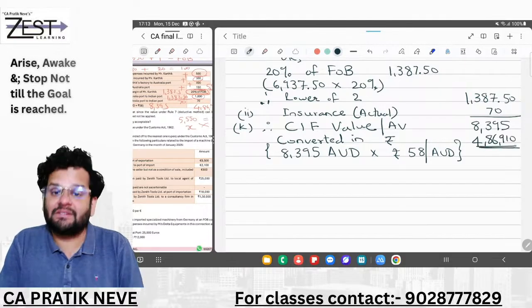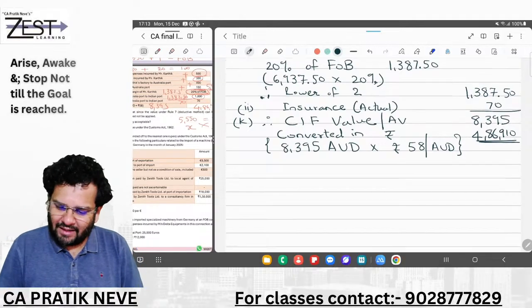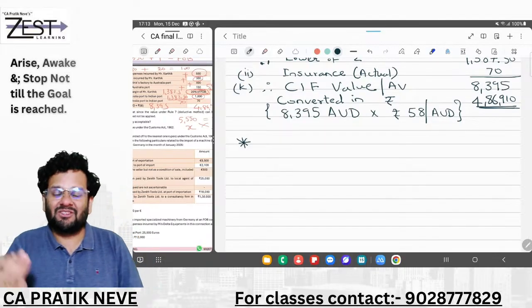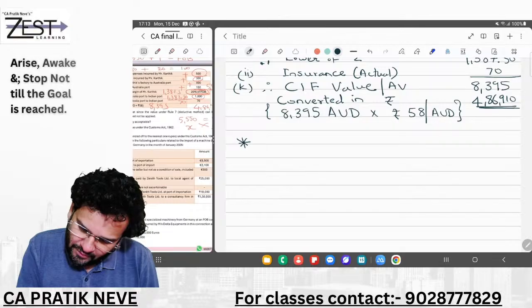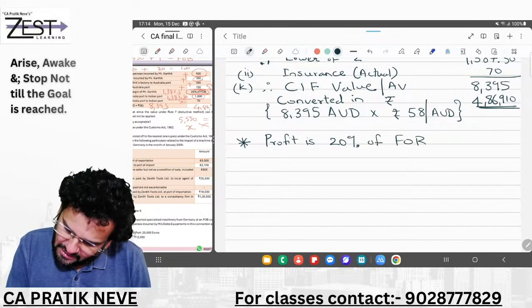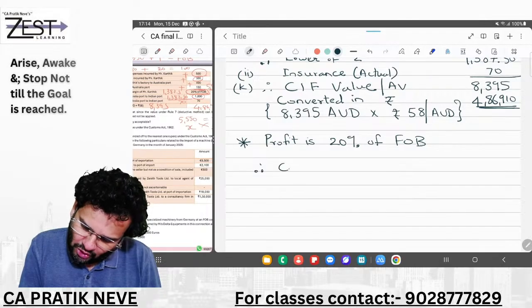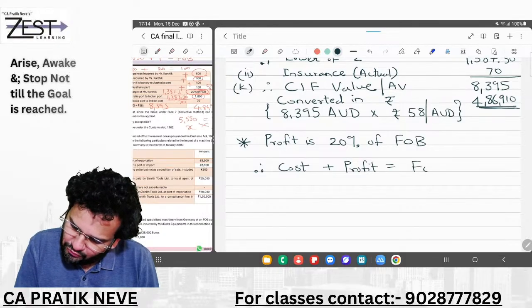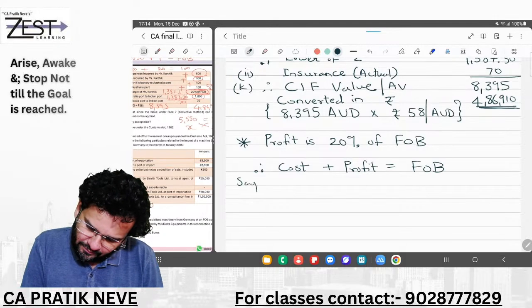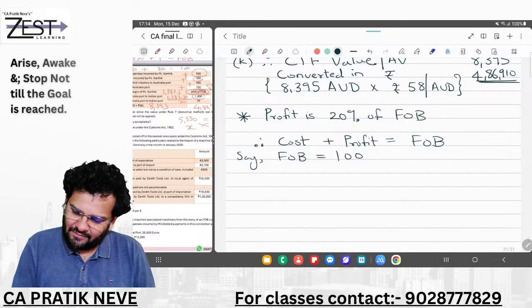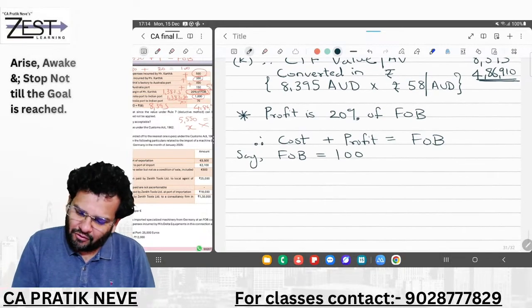Is it 100% clear to all of you? Now one more thing I want to tell you at this juncture, how did we get that 20%? Means 20 upon 80 actually. So profit is 20% of FOB. Therefore cost plus profit is equal to FOB. Say FOB is 100. If you assume FOB as 100, then profit is 20% of FOB.